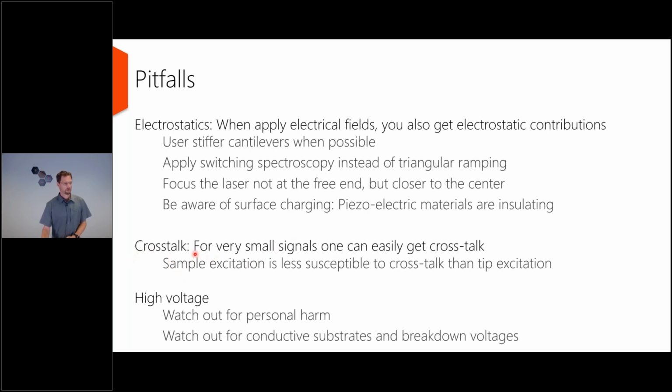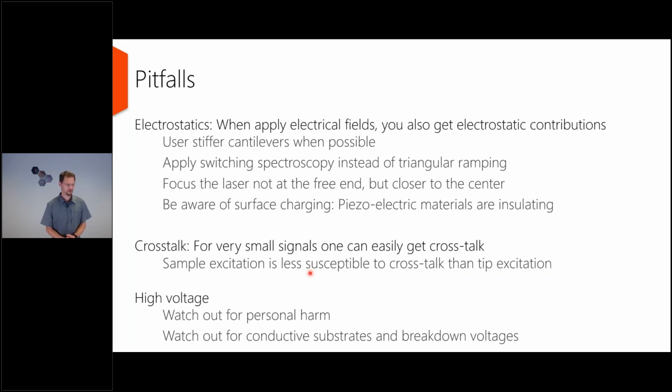Crosstalk: we are working with only a few tens of picometers, and one might easily catch crosstalk. What we found is that in general, sample excitation is much less susceptible to crosstalk than tip excitation. So the first measurement where we put the laser in the center was with tip excitation.